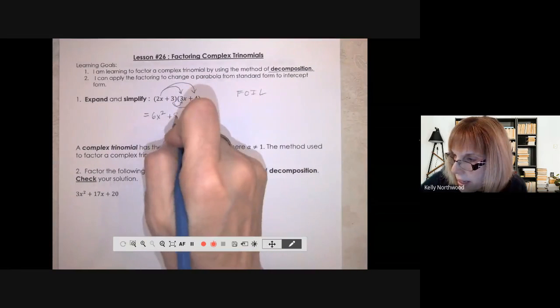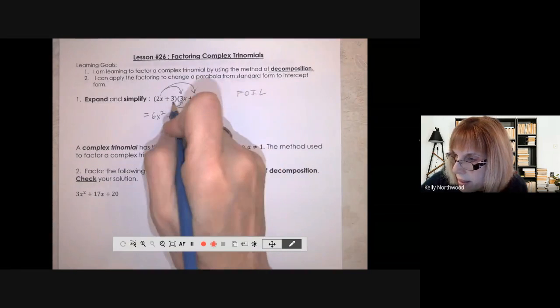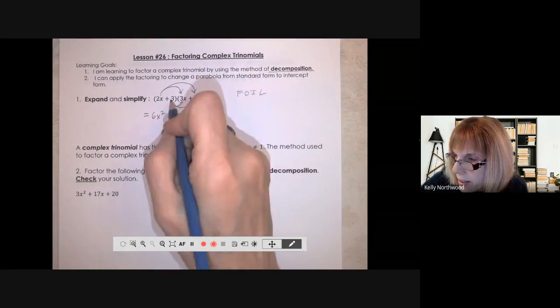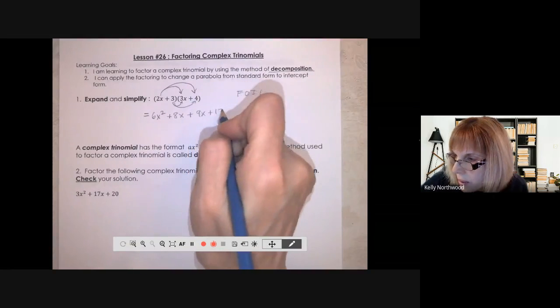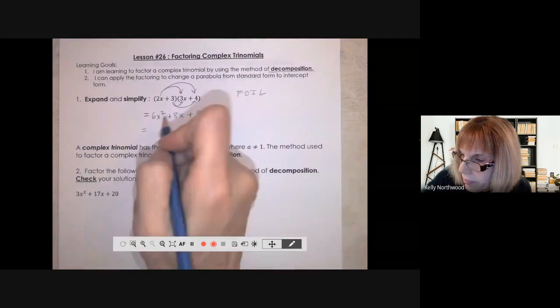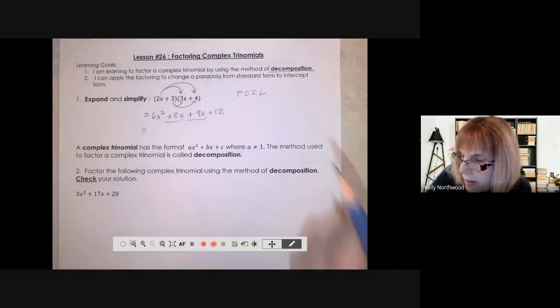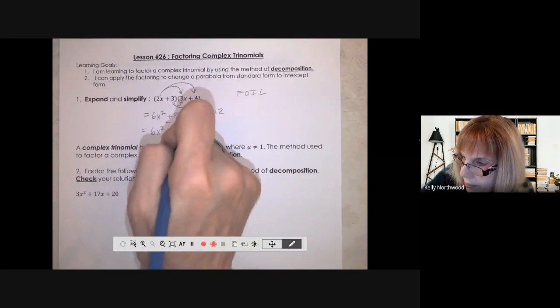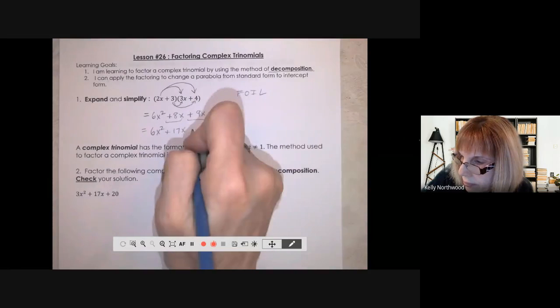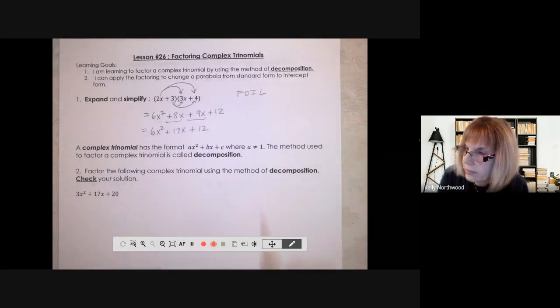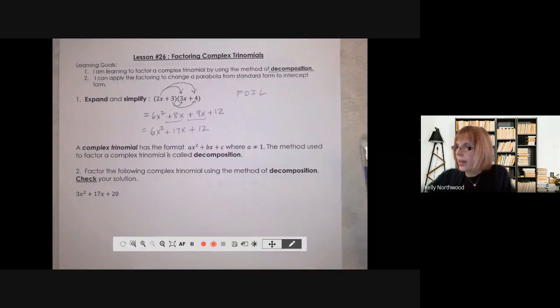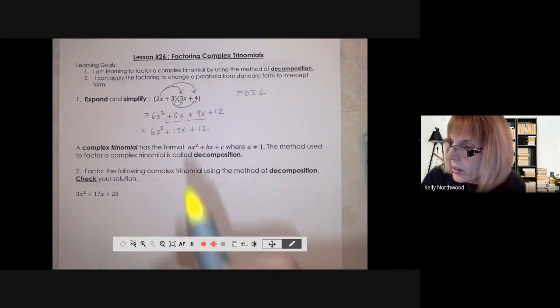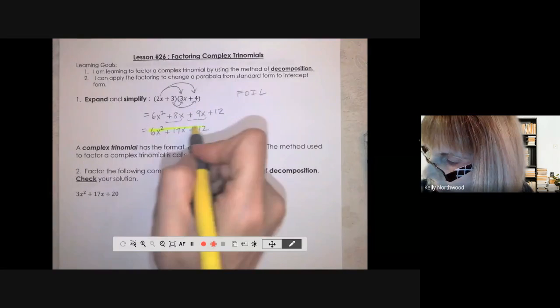Outsides, positive 8x. Insides, positive 9x. And last is positive 12. And then these are like terms, so we can collect them. And this is what we would consider a complex trinomial.